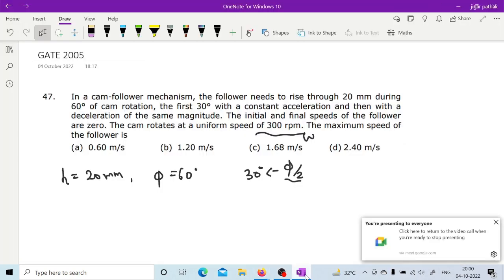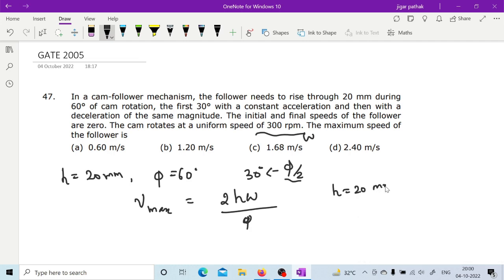As we have seen, this V max in case of constant acceleration and deceleration is 2h omega upon phi. You are given that h is equal to 20 mm, which means it is 0.02 meter.